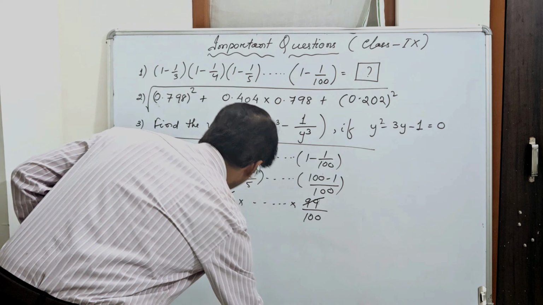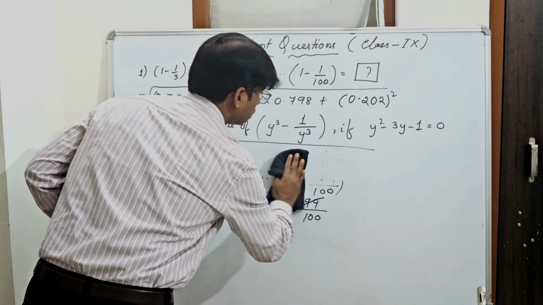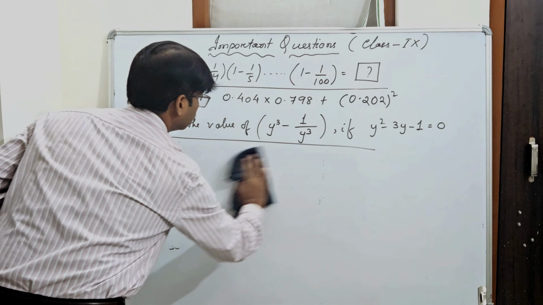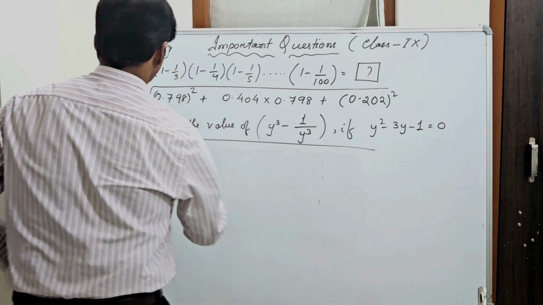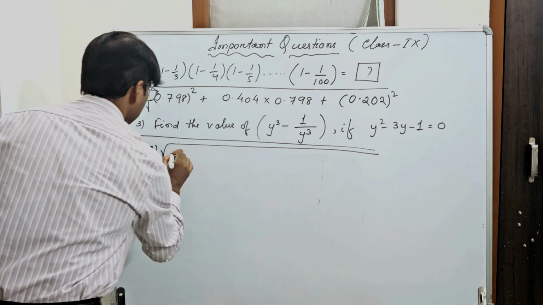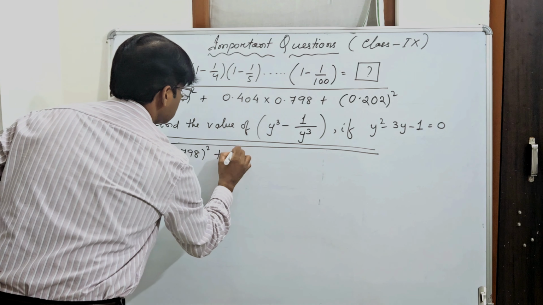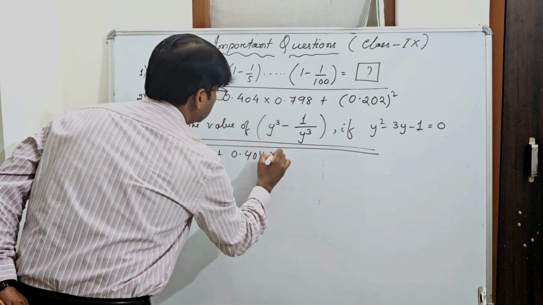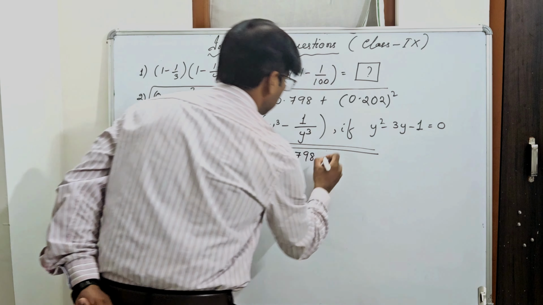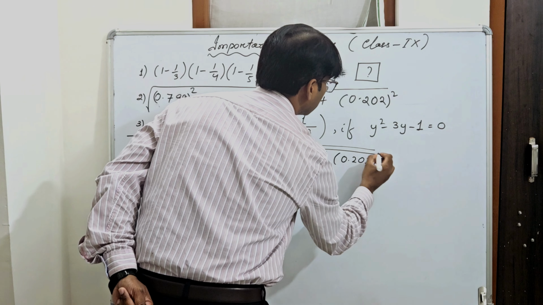Okay, let us go to the next question, question 2, and let us see which identity can be used to solve that question. Question 2 is: the square root of 0.798 whole square plus 0.404 into 0.798 plus 0.202 whole square.